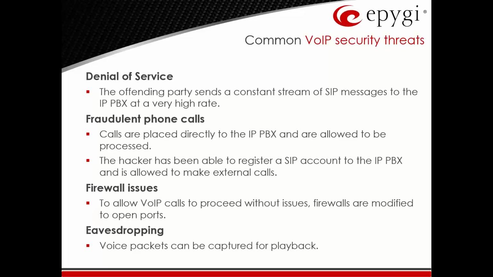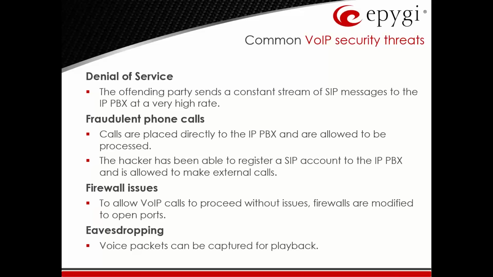Another method is if they're able to register a SIP account to the IP PBX, just like a remote IP phone. If they're able to register it, it looks like a regular extension, a regular phone. They can make long distance calls that way.